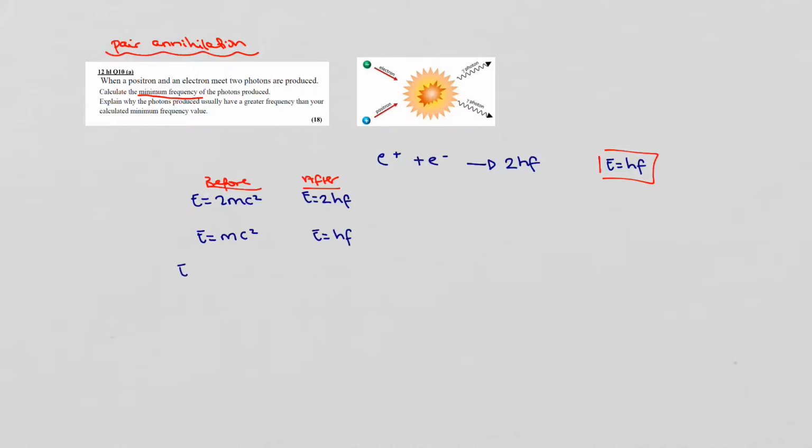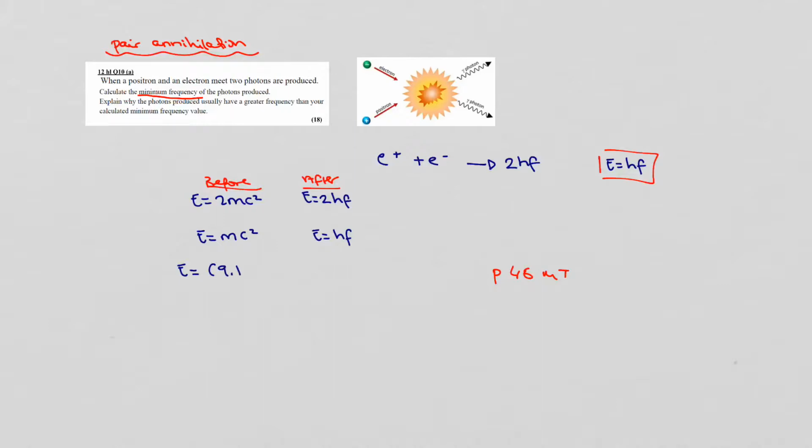So for E equals mc squared, the mass of the positron and the electron, we're not given that here, so we have to go to page 46 in our maths tables to get the mass of the electron. Now, the mass of the electron and the mass of the positron, remember, are the same.